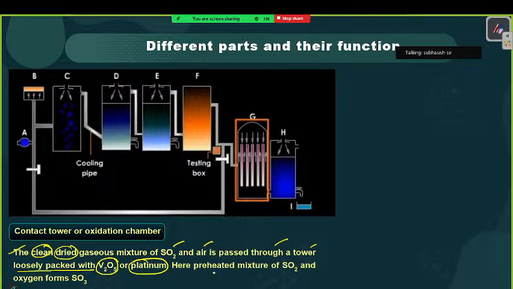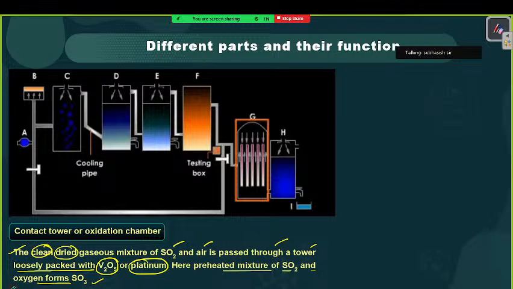Here, the preheated mixture of sulfur dioxide and oxygen forms sulfur trioxide. This is the most important step in this process. This step is known as the contact tower or oxidation chamber.